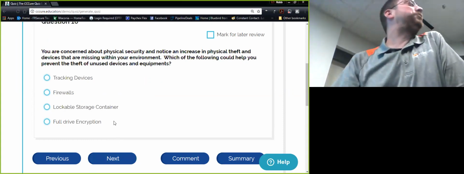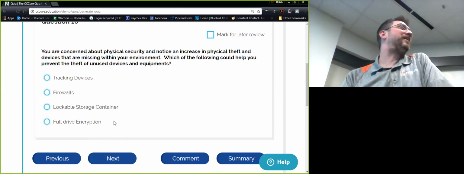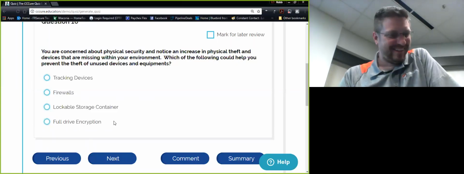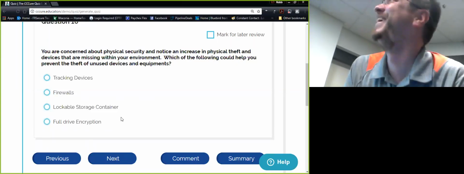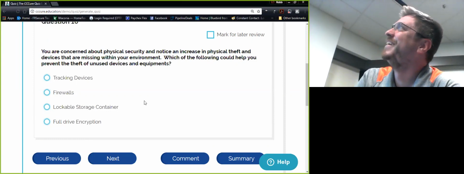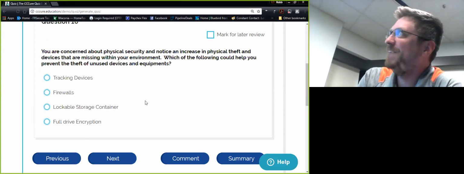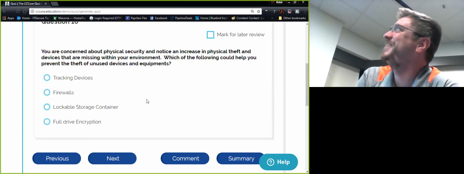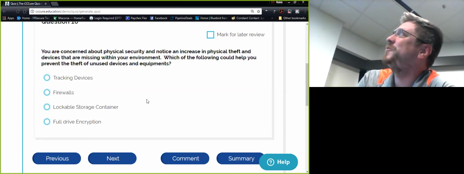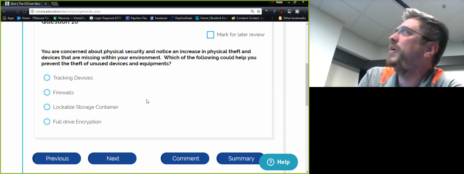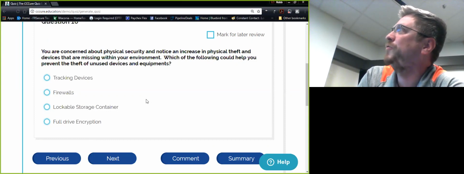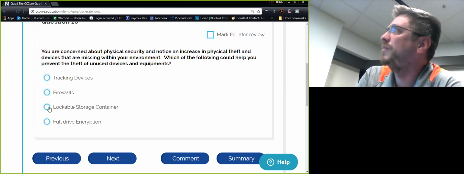You are concerned about physical security. Notice increase in theft and devices that are missing within the environment. Which of the following could help you prevent the theft of unused devices and equipment? Tracking, firewall, lockable storage container, full drive encryption. No, you want to lock them, right?